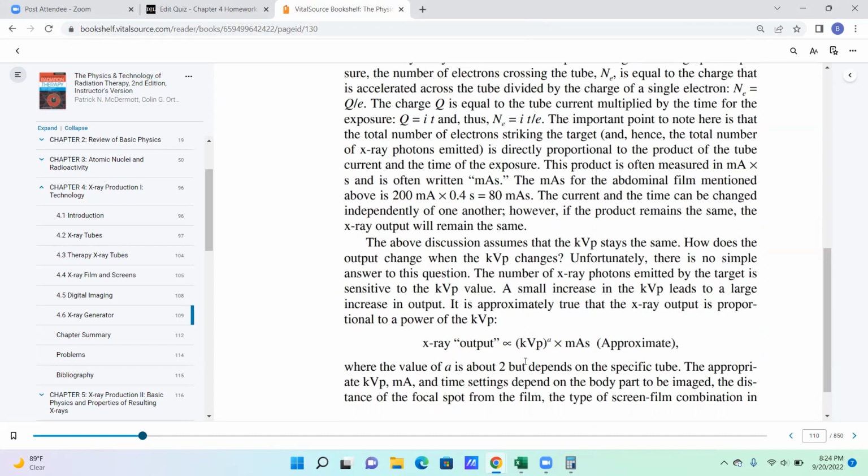So the value of a is about 2, depending on the specific tube. So this is what we'll end up using.